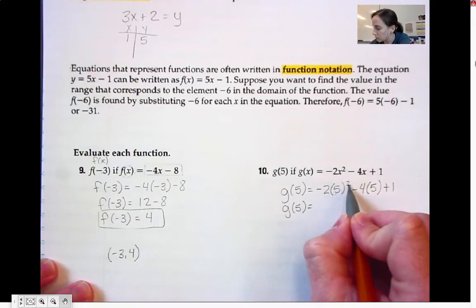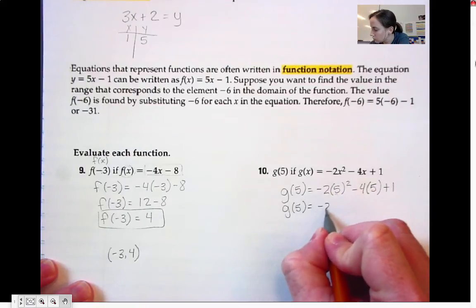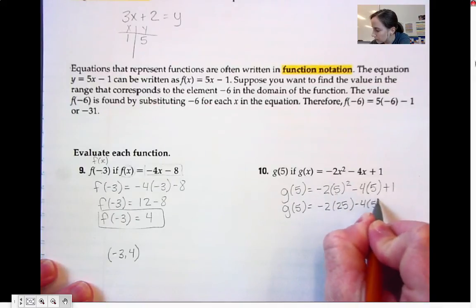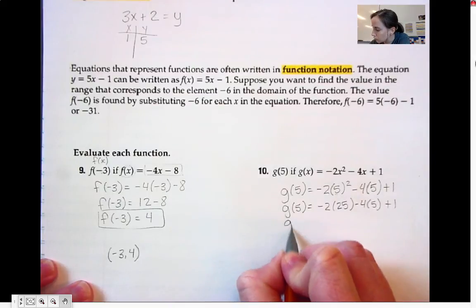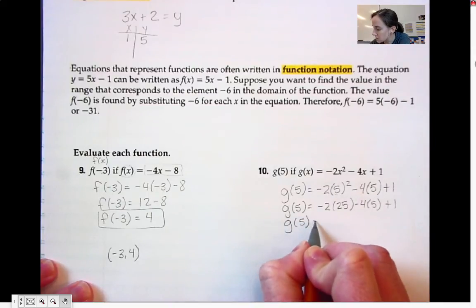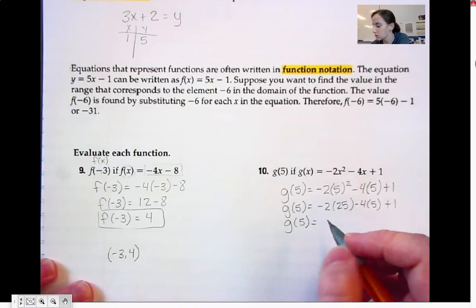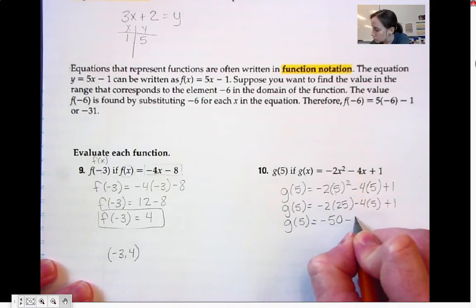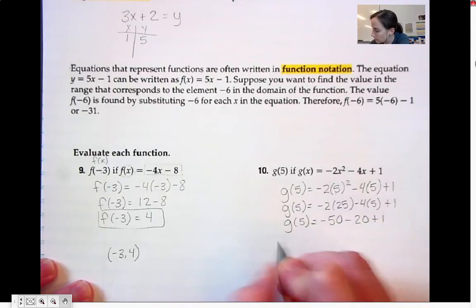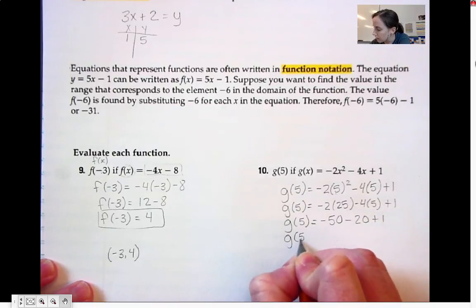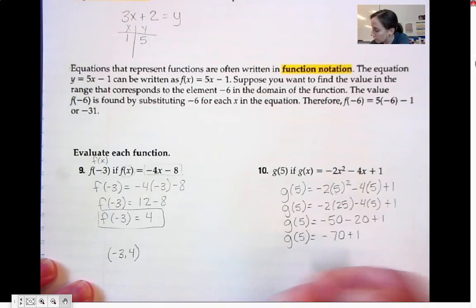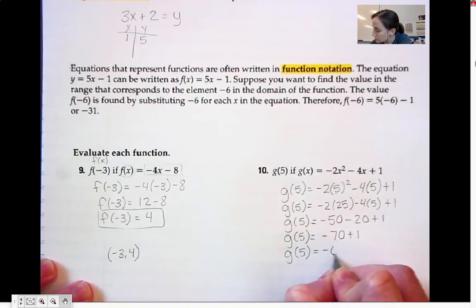We have to do exponents first, so it's -2 times 25 minus 4 times 5 plus 1. Yes, you can write this in shorter steps if you'd like, but make sure that you solve everything correctly. -50 minus 20 plus 1. G of 5 equals negative 70 plus 1. So G at 5 is negative 69.